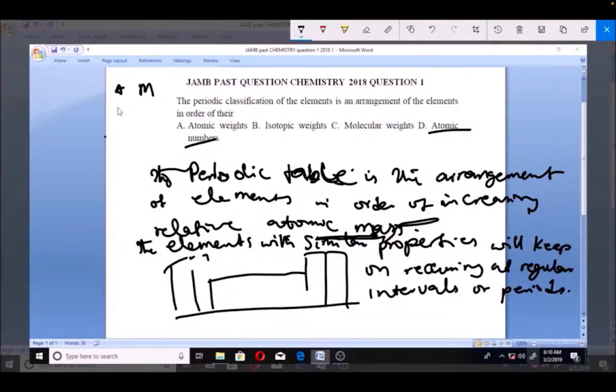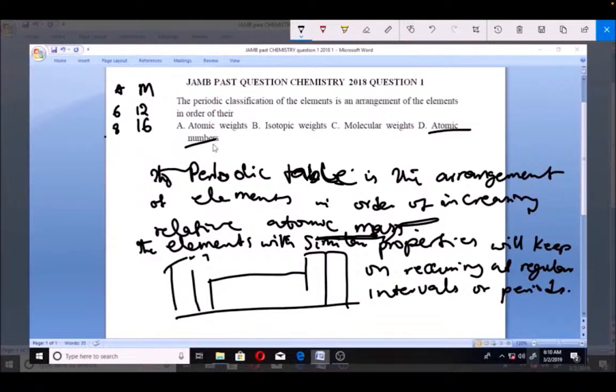Something that has the atomic number of 6 has an atomic mass of 12. One that has 8 has 16. So you have this type of increment. So the periodic table is an arrangement due to the atomic numbers, or you call it atomic masses. So that is the correct option, D.